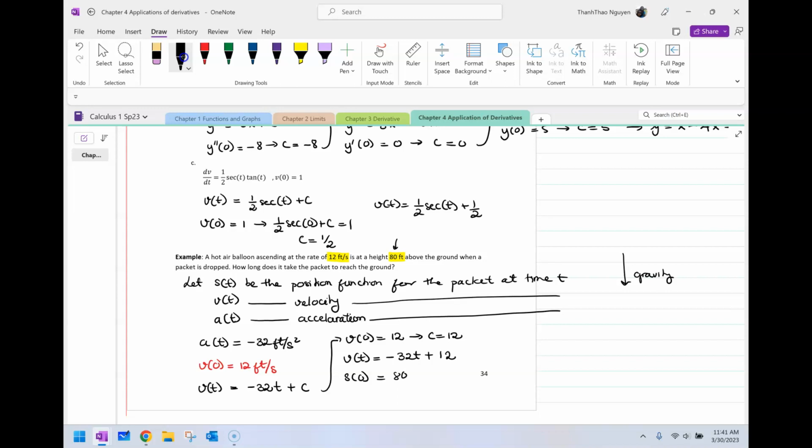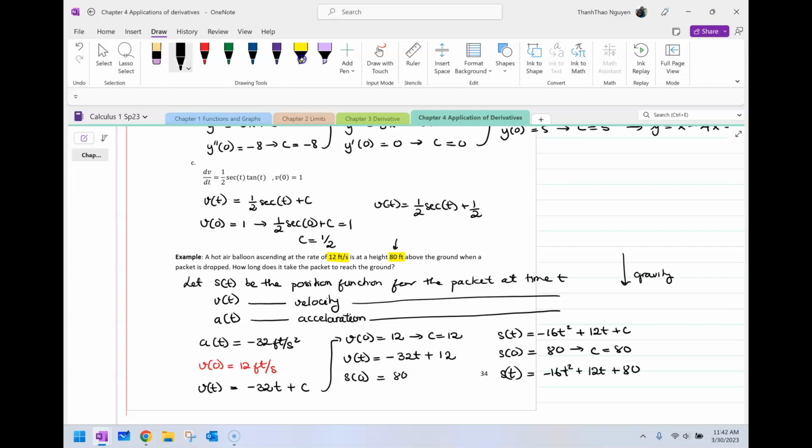Now I have v of t, I can find s of t. s of t equals negative 16t squared plus 12t plus c. Well, we're told that s of 0 equals 80. This means c equals 80. So s of t, the position function, equals negative 16t squared plus 12t plus 80.